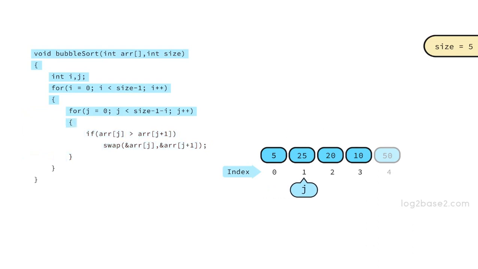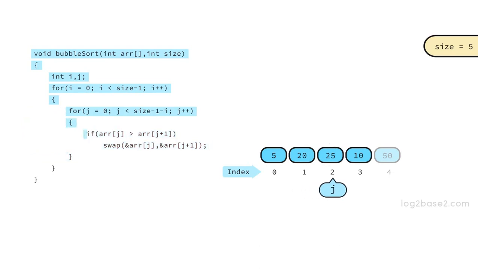And we have if arr[j] greater than arr[j+1]. That is, we are comparing elements at index 1 and 2. And we have 25 greater than 20. So if is true here also, so we have to swap 25 and 20. And it is done.